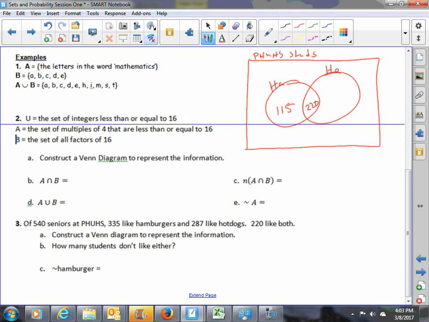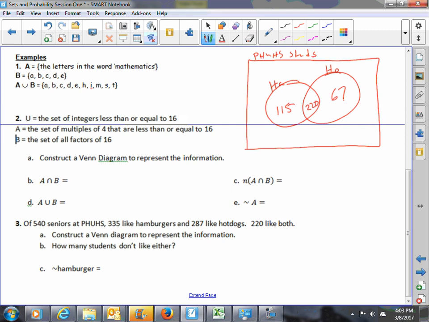Now, the total number of students that like hot dogs is 287. And since we know 220 of them like hot dogs as well as hamburgers, there will be 67 students that only like hot dogs.